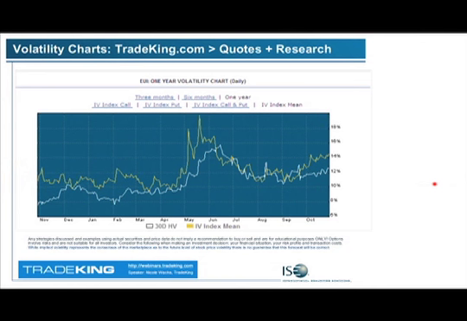We don't have a minimum account requirement at Trade King, so you can open the account with 0, like I mentioned. Obviously, if you want to place a trade, you would need to have enough capital to do that trade. We don't double margin iron condors, so there is a margin requirement for the call side and the put side, depending on which type of condor you trade.